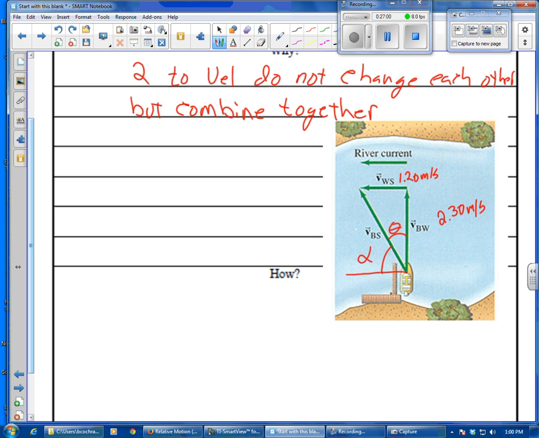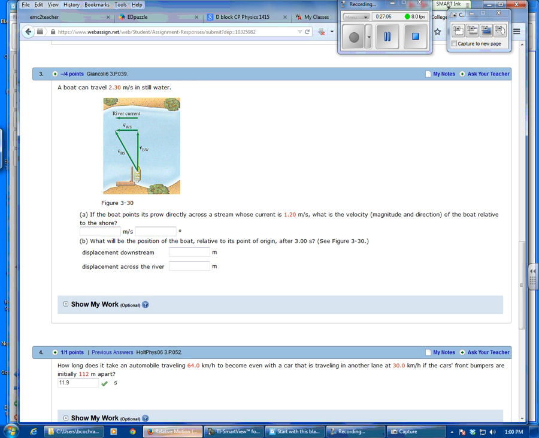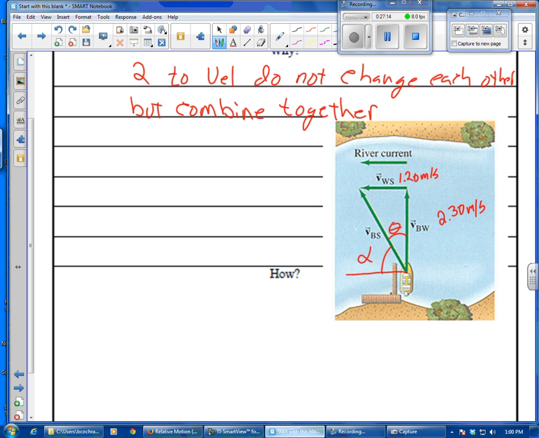Because they told me the velocity of the boat with respect to the water is 2.30 meters a second. Look at how they worded it. The boat can travel 2.30 meters a second in still water. Think back to the exercise we were doing the other day, and they used all sorts of words like to the water molecules, to the tube, always saying with respect to the water.